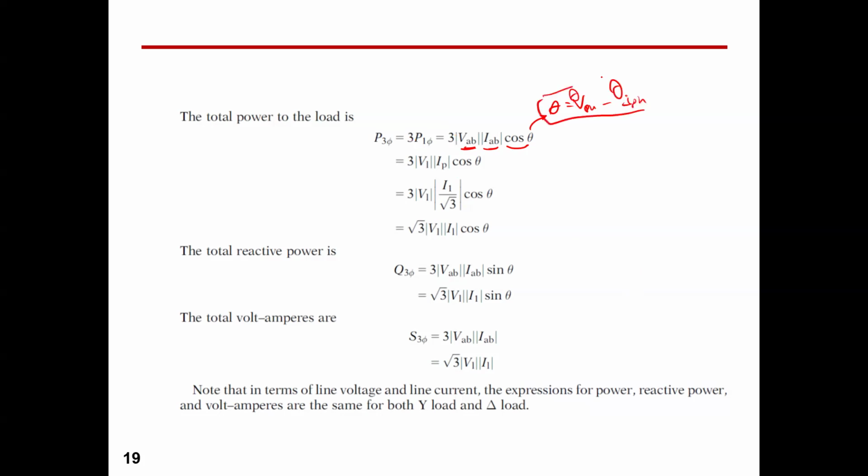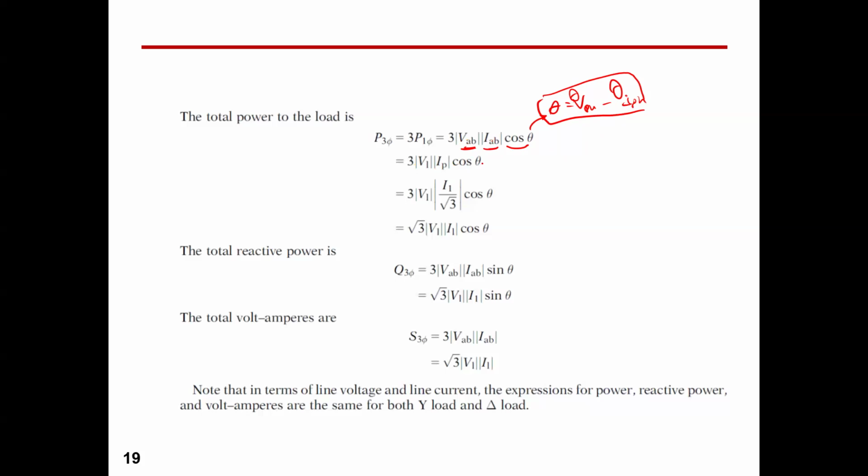All of the time, guys, theta is the power factor angle, which depends on phase volt angle minus phase current angle. So 3 V line, because V line equals V phase, which is VAB, times I phase, which is IAB here, for instance, times cosine theta.